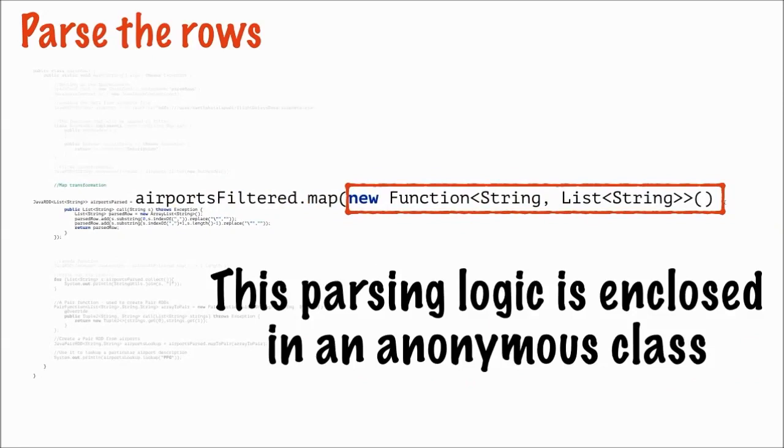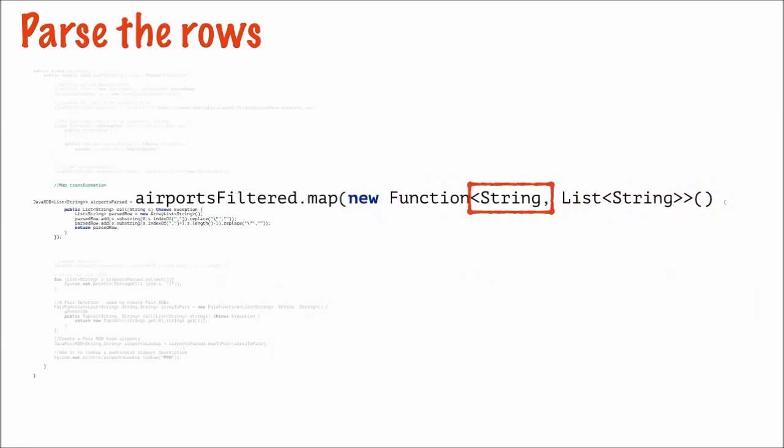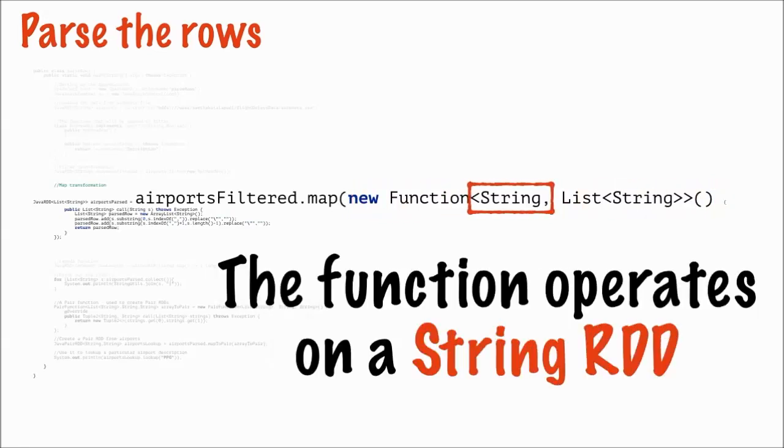The parsing logic to convert a record which is a string to a list of strings is enclosed in an anonymous class. Note, this class has no name. We've instantiated it on the fly. This class implements the function interface and is a function object. The function interface, as usual, has two type parameters. The first parameter is the input to the call method.